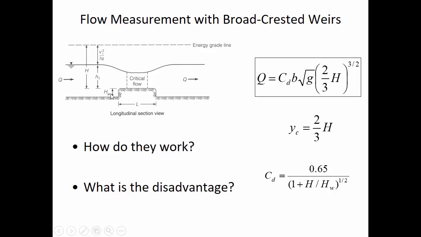And the other thing is that you lose some energy. It can obstruct the flow, and the water depth can get deeper upstream because you've put in this step that the water has to flow over. Well, it can cause choking upstream. And so there's some disadvantages with a broad-crested weir. This is a side view of it.